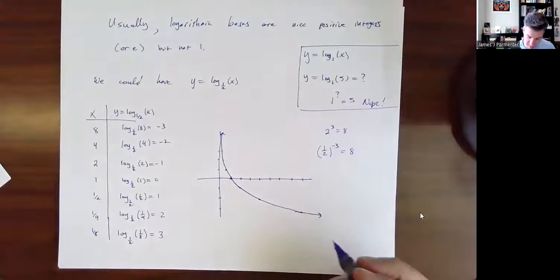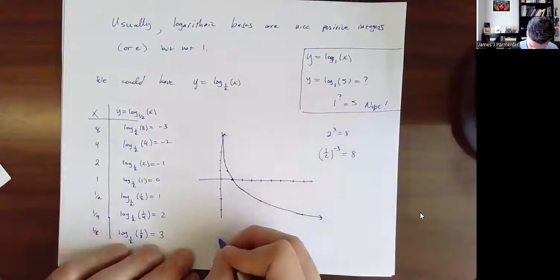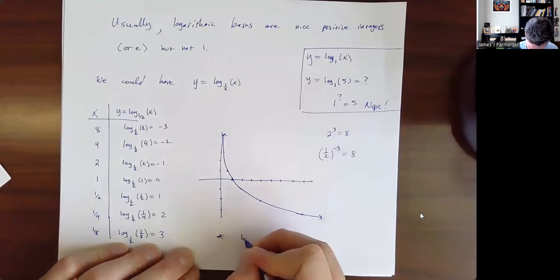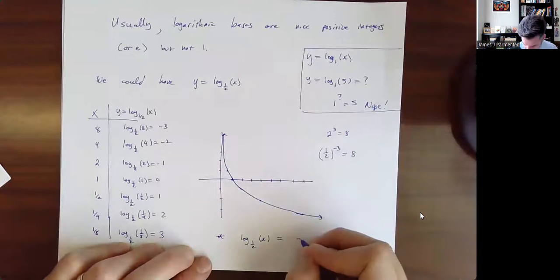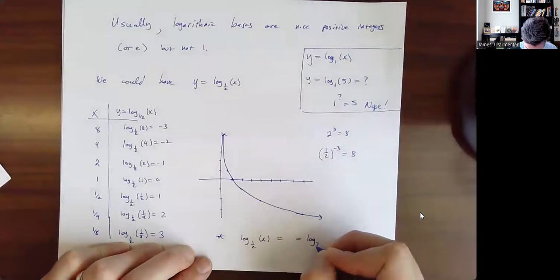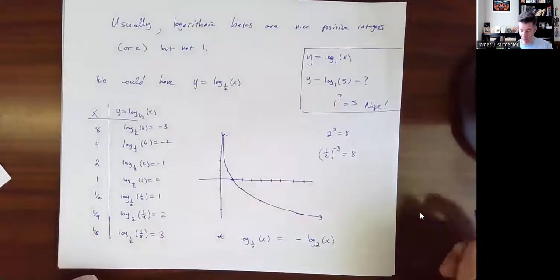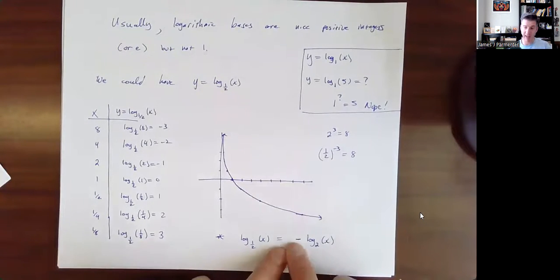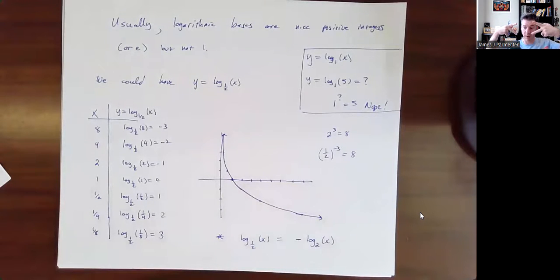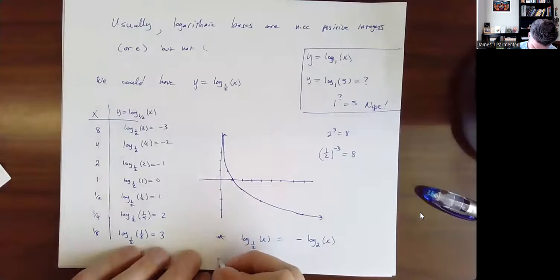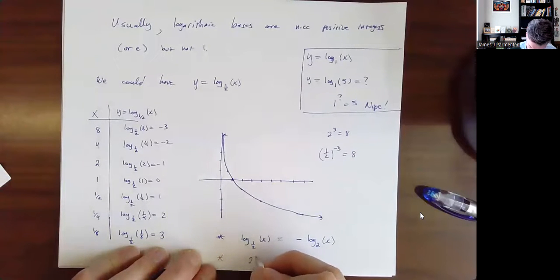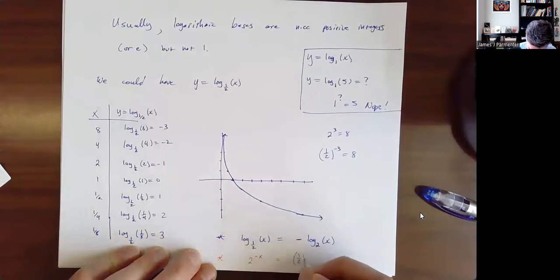Now, something that's kind of interesting about this is log base 1/2 of x is the same as negative log base 2 of x. You can take your log base 2 of x function and put a minus sign out front, which is going to flip it vertically. It's very similar to how 2 to the negative x is equal to 1/2 to the x.